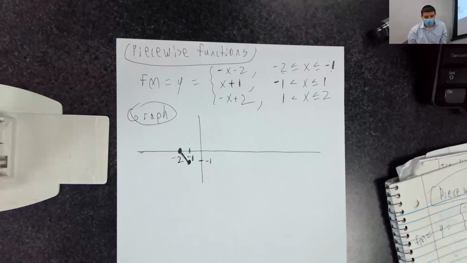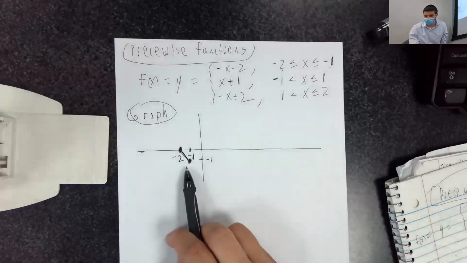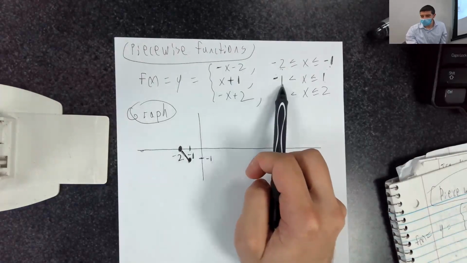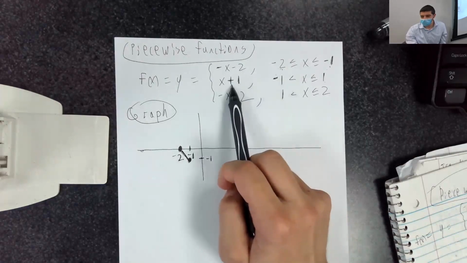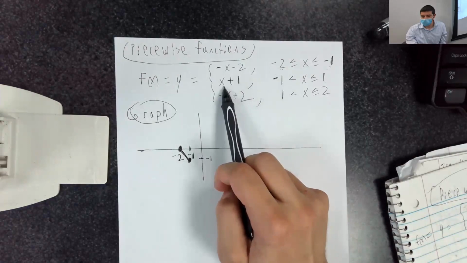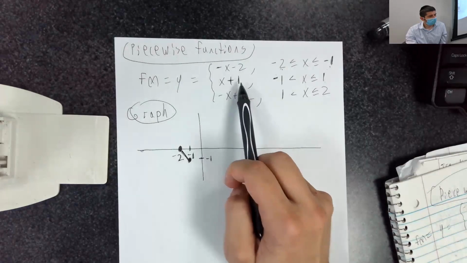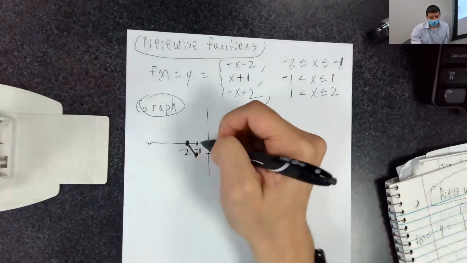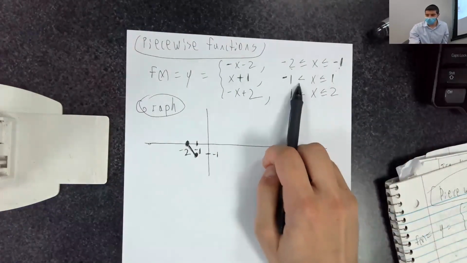Now I'm going to start gluing the next function, but it can't overlap here. So I just start with the next endpoint. So -1, and I'll put it here. If I plug in -1, what do I get? -1 plus 1 is 0. The output is 0. Okay. But is it open or a closed circle? It's open. See, there's no equal sign.